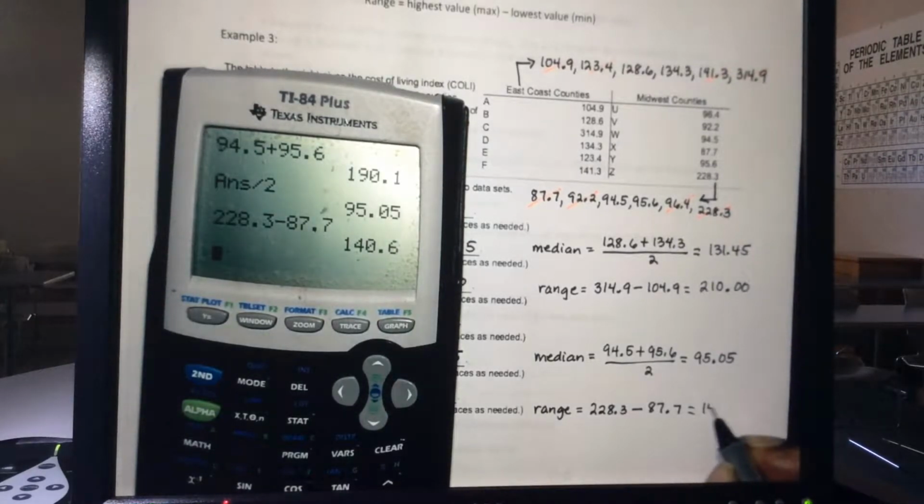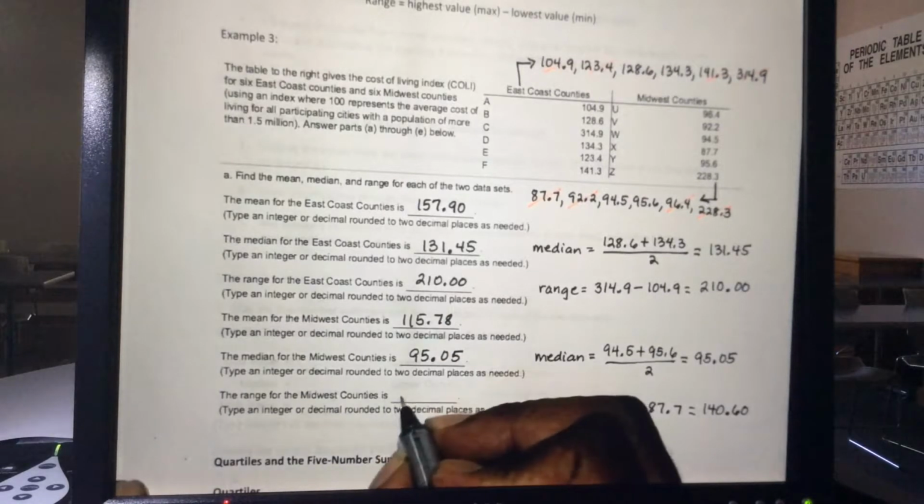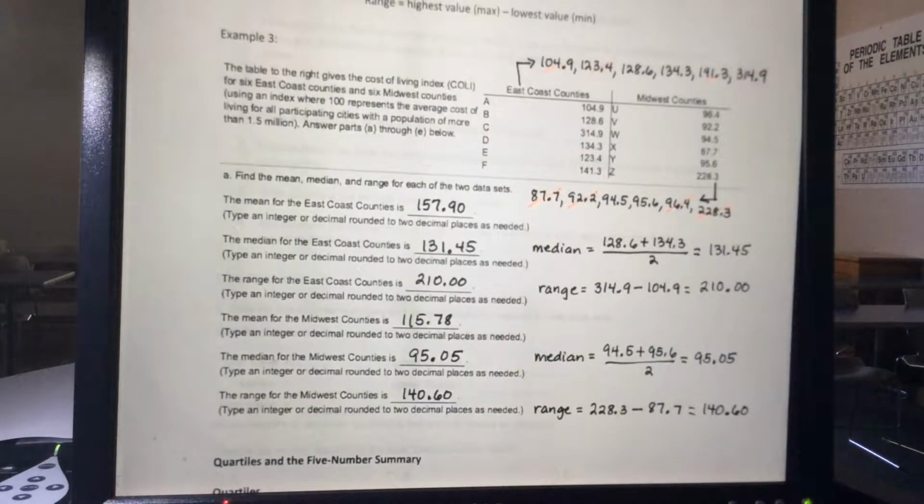That's going to be 140.6, and we need to carry out to 2 decimal places by adding a 0. So it'll be 140.60 for the range. Okay. That's how we find the mean and the median, and also the range of a data set.